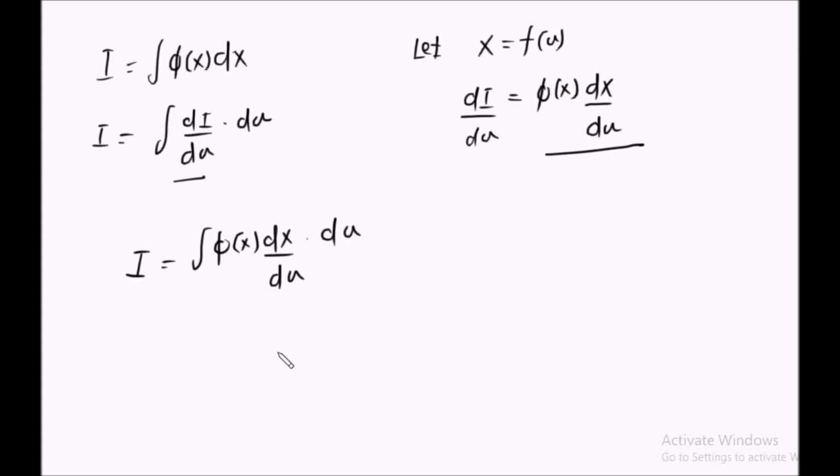Sasa hii ndo formula ya u substitution, kwamba ukitaka kuintegrate huyu ni sawa tuna integrate hivi. So you can see the independent variable now has changed from x to u. I'm going to write this formula again. So this is something to remember, okay? Okay, from integration by u substitution, by change of variable, au by substitution method.